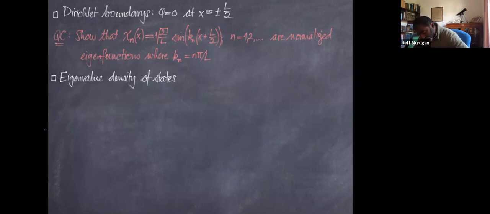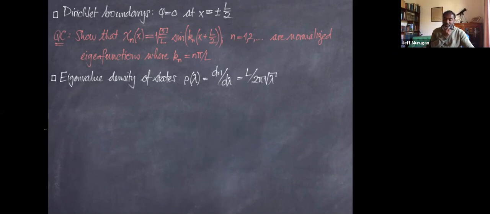rho of lambda equal to dn by d lambda, which comes out to L over 2 pi, and I would invite you to show this as well, L over 2 pi root lambda.